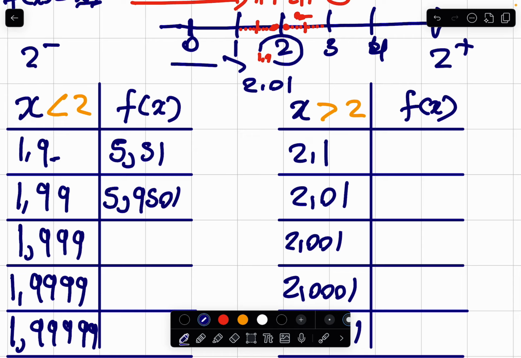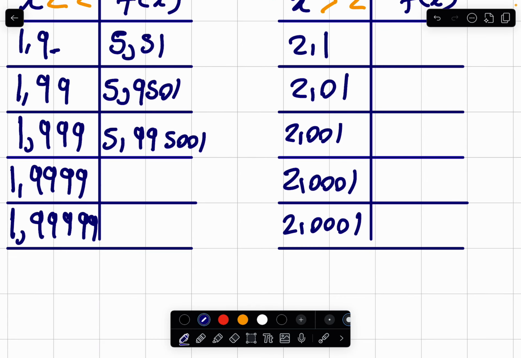Then you press your calculator, put another 9, and you get 5.995001. Then you insert another 9 and find your answer as 5.99950001.